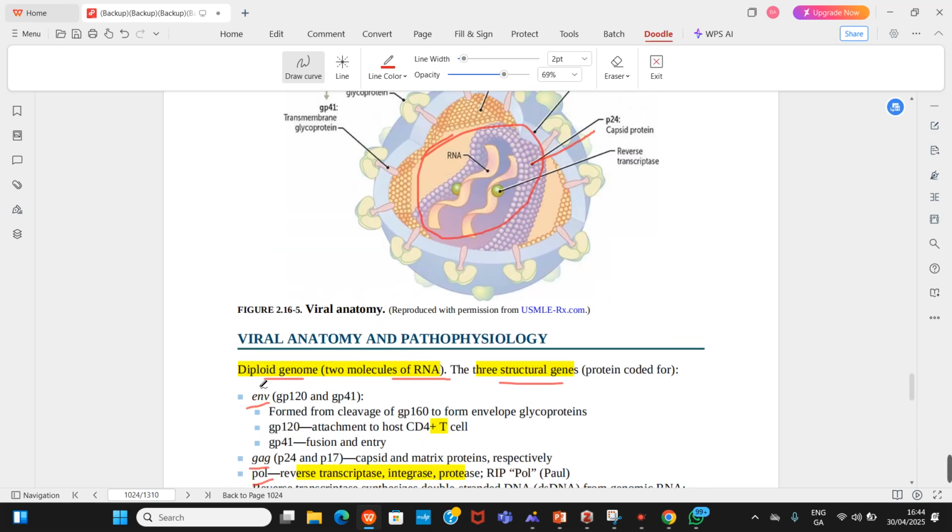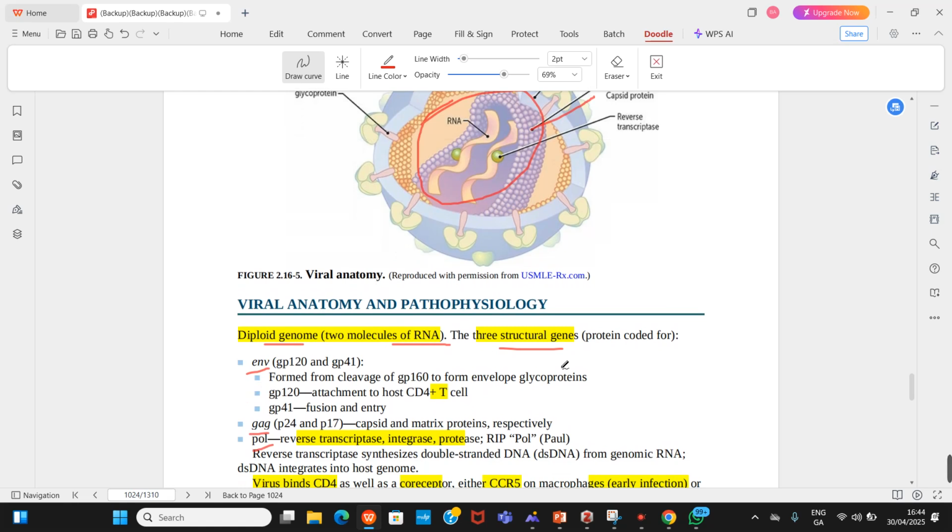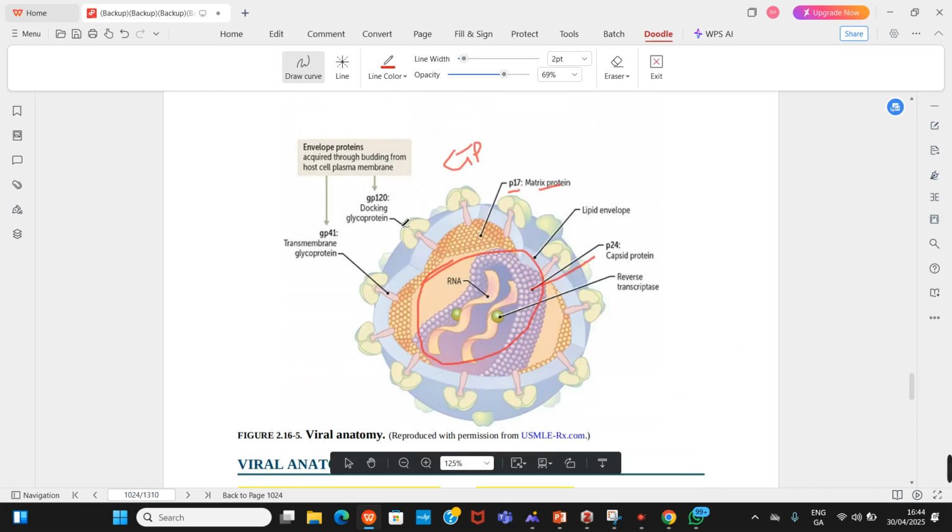Now, what is the envelope protein? The envelope protein codes for a protein that we call the GP160. Now, the protease enzyme from this HIV will now come and split this GP160 into GP120 and GP41. So this is GP120, this is GP41.